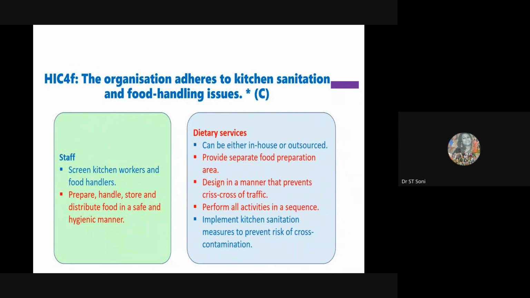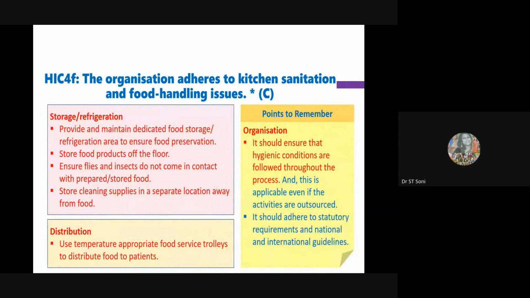But if it is outsourced, we need to visit the kitchen at least once in a year and see whether they are having dry storage, wet storage, whether all their instruments are working or not, how they are supplying it to us. So all these parts we need to check. Storage and refrigeration conditions, and products should be stored off the floor.